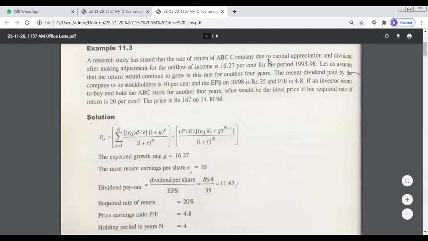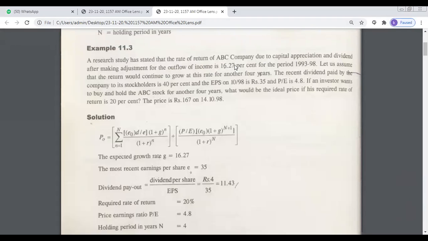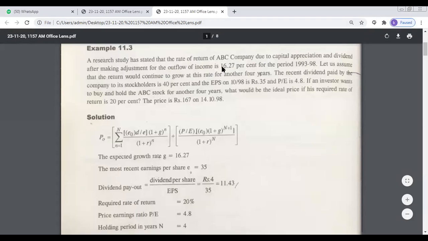The company's stated rate of return is due to capital appreciation and dividend. So after the share has gone up, after it has paid dividend, after all adjustments, the return is around 16.27. Return means your growth, right? So indirectly, the growth or G value is given to us. I'll write here the G value as 16.27.